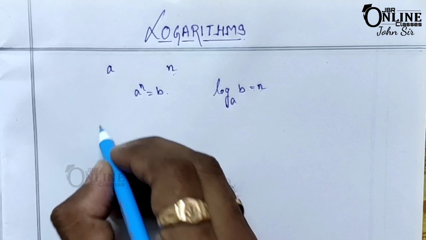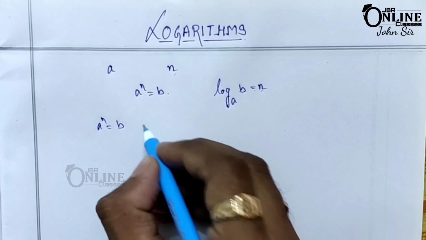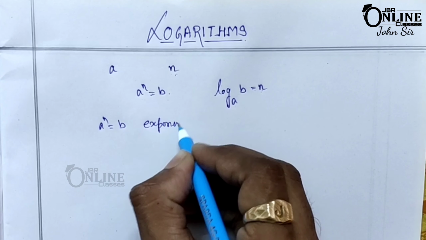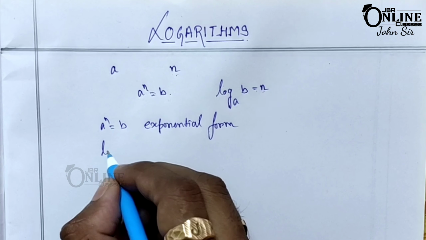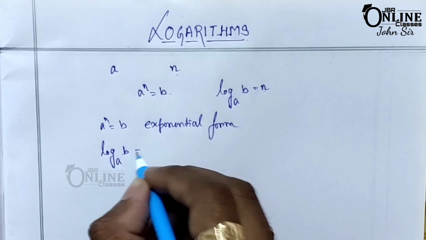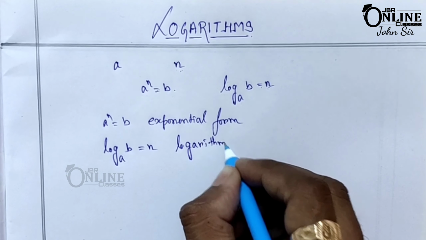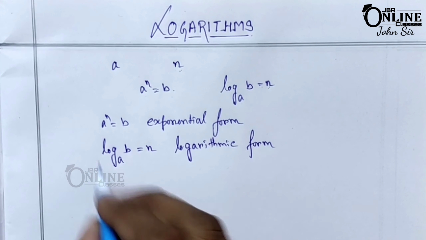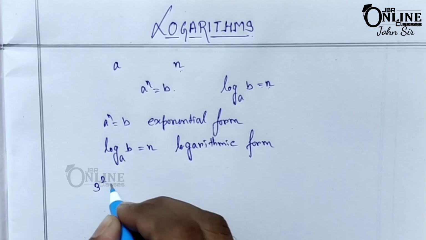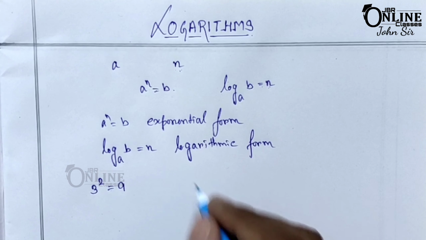So here a to the power n equal to b is called the exponential form, and log base a of b equals n is called the logarithmic form. As an example, suppose 3 to the power 2 equals 9.